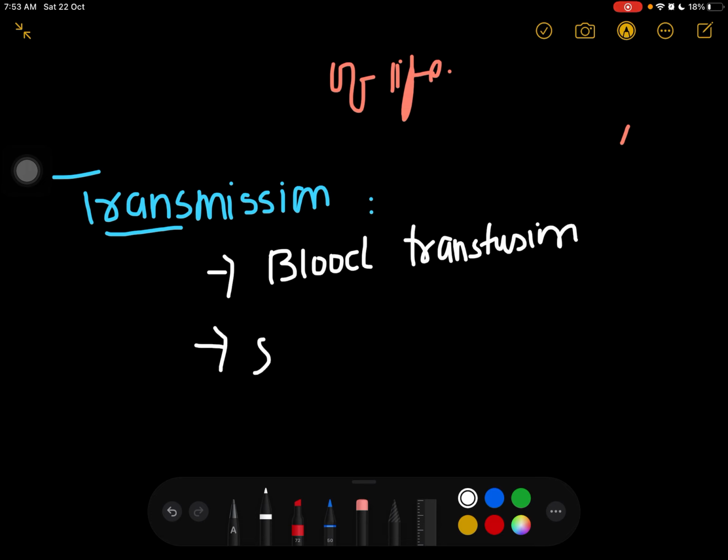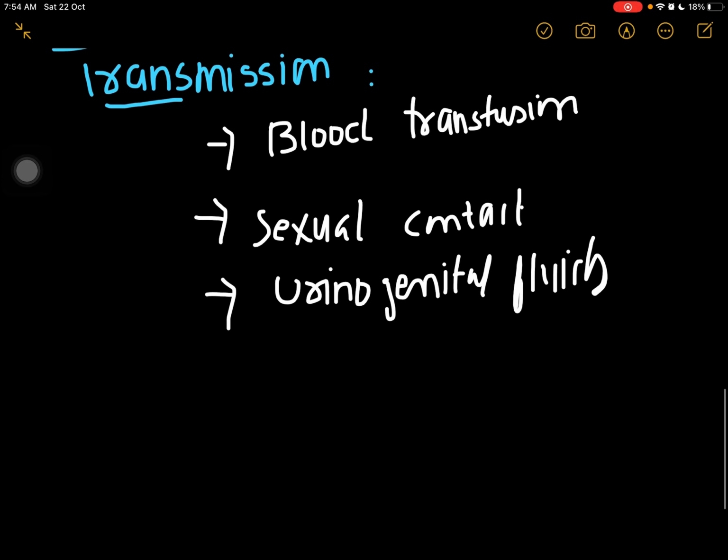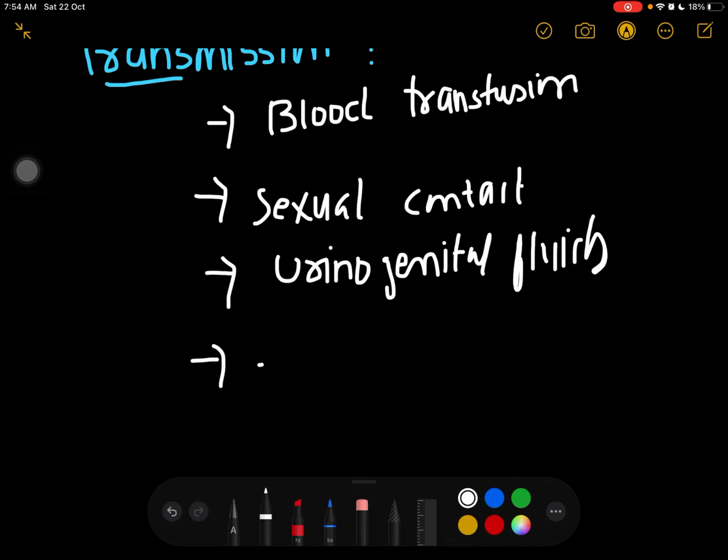There are other transmissions too, through sexual contact, like having sexual contact with a person who has HIV, by urinogenital fluids, and by exposed wounds.